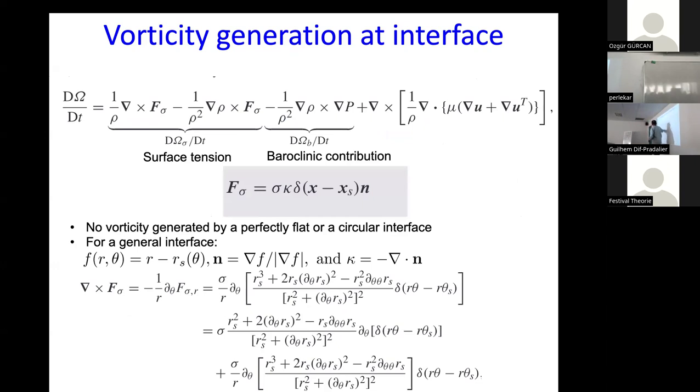But apart from that, what I would like you to appreciate is that there are these extra terms: grad rho cross F, which is the gradient of density multiplied with the surface tension force, and another term, fairly common in astrophysical MHD flows, grad rho cross grad P, which is nothing but the baroclinic torque. This again becomes important because you're working with a variable density system. And then, of course, there is a similar contribution from viscous dissipation.